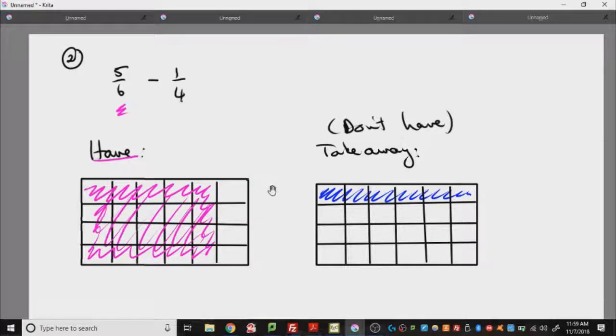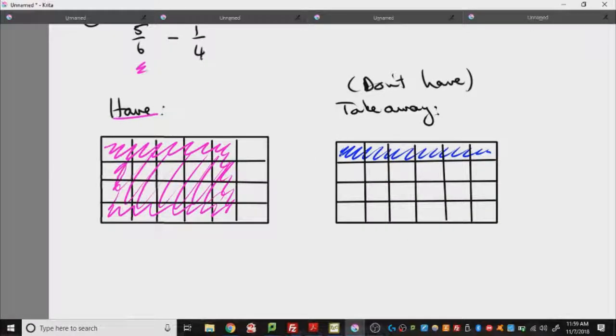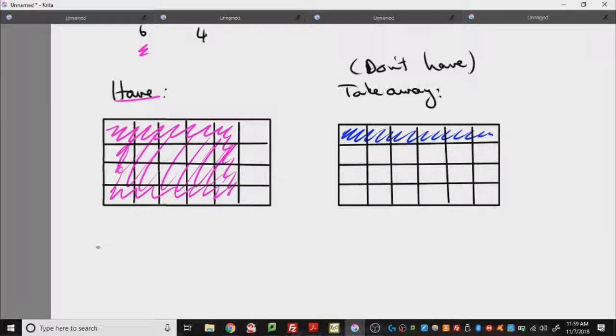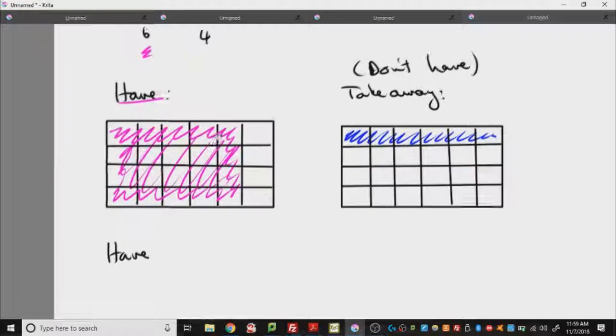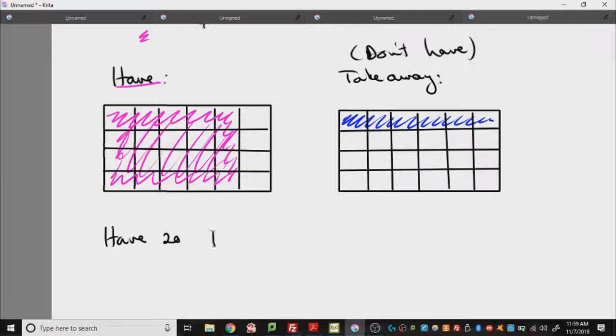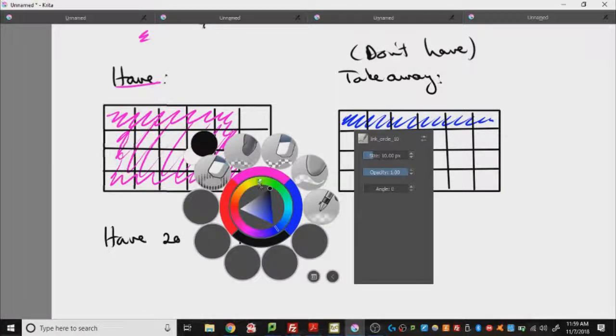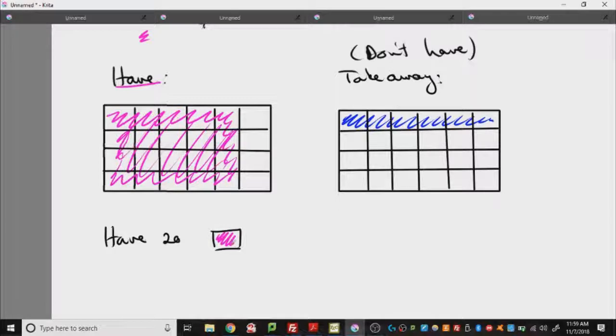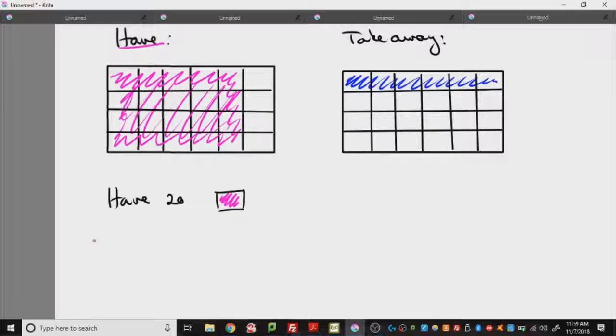So I'm trying to take away. Now you can write more for sure. You could say I have 1, 2, 3, 4 times 5. I have 20 pink little sections. Take away 6 blue.